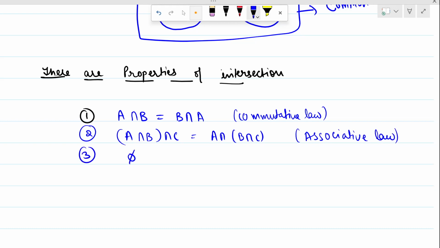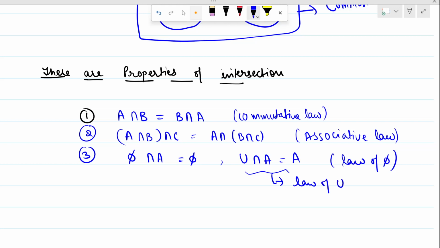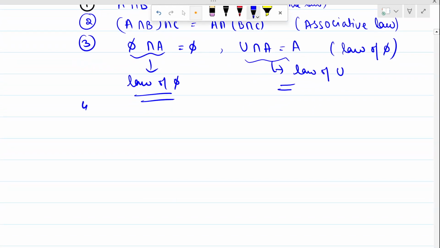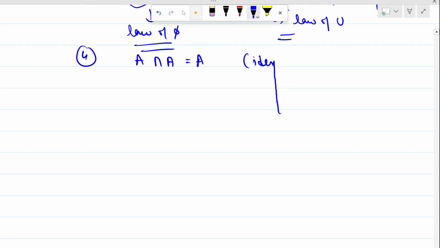Third, we have phi intersection A is equal to phi, and U intersection A is equal to A. This is the law of phi and this is the law of U. Fourth, A intersection with itself is A. This is idempotent law.